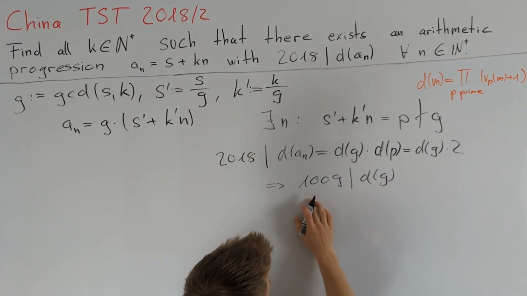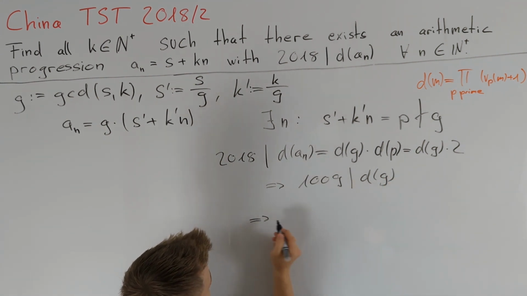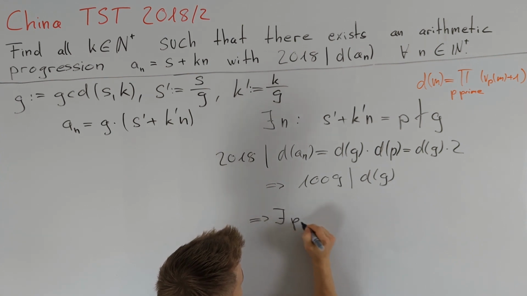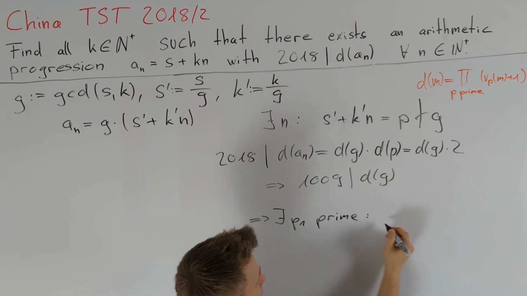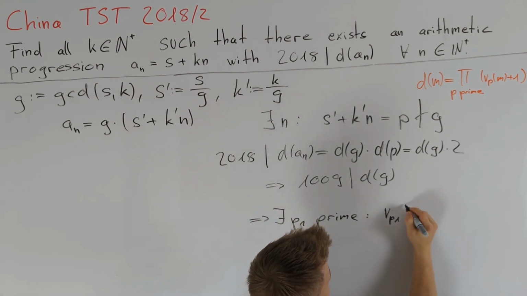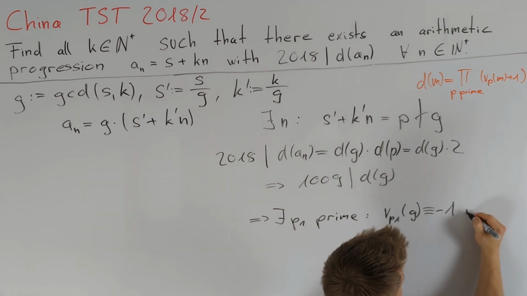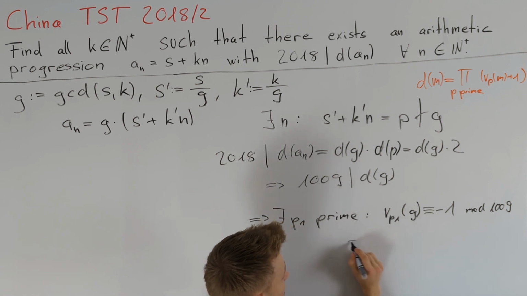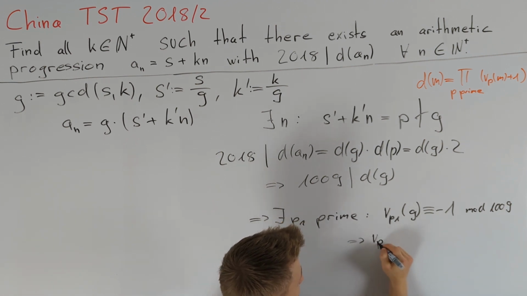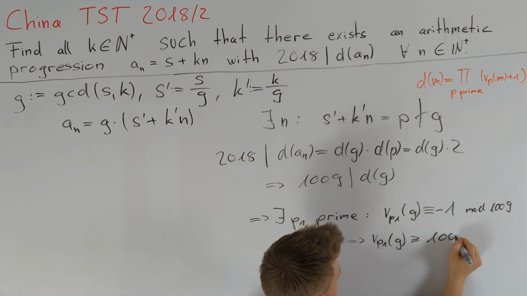In fact, 1009 is a prime number, and therefore, if we have a look back to this formula, we conclude that there exists a prime number p1 such that nu_p1(g) is congruent to minus 1 modulo 1009. This directly implies that nu_p1(g) is greater than or equal to 1008.